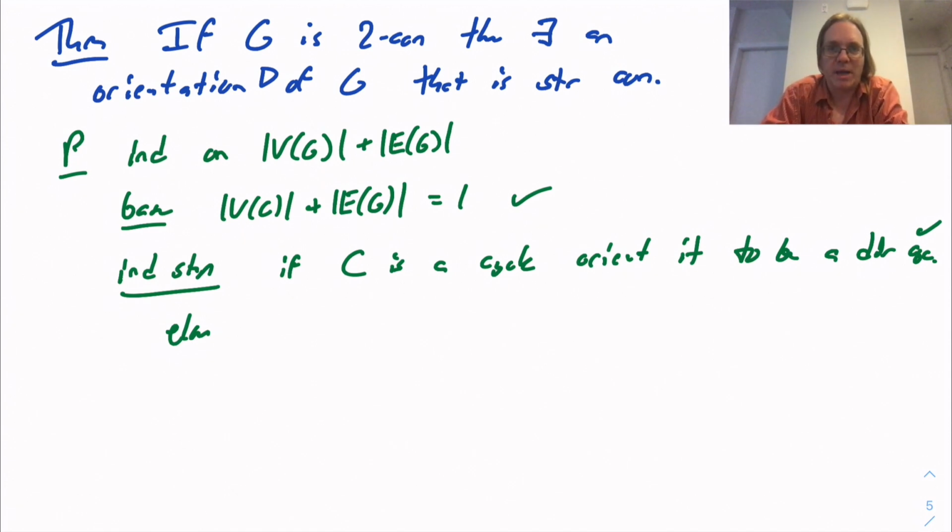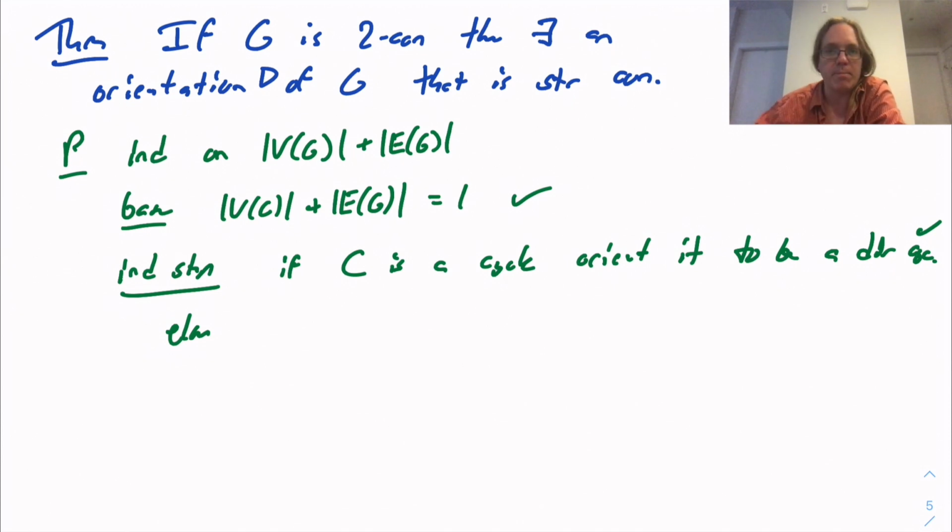I have to be a little bit careful because the operation I want to do is remove an ear, and if I'm not suitably careful, I might be prepared to remove just a single edge, and so I want that to be decreasing my inductive parameter. So I'm going by induction on the number of vertices plus the number of edges. If I do that, I'm allowed to do induction on it. The base case still works: one vertex and no edges, and the theorem holds.